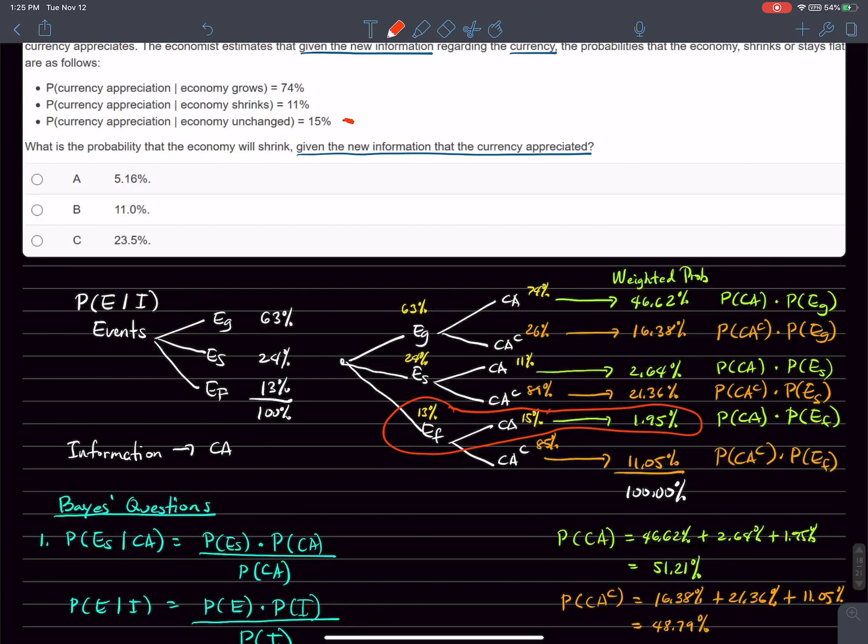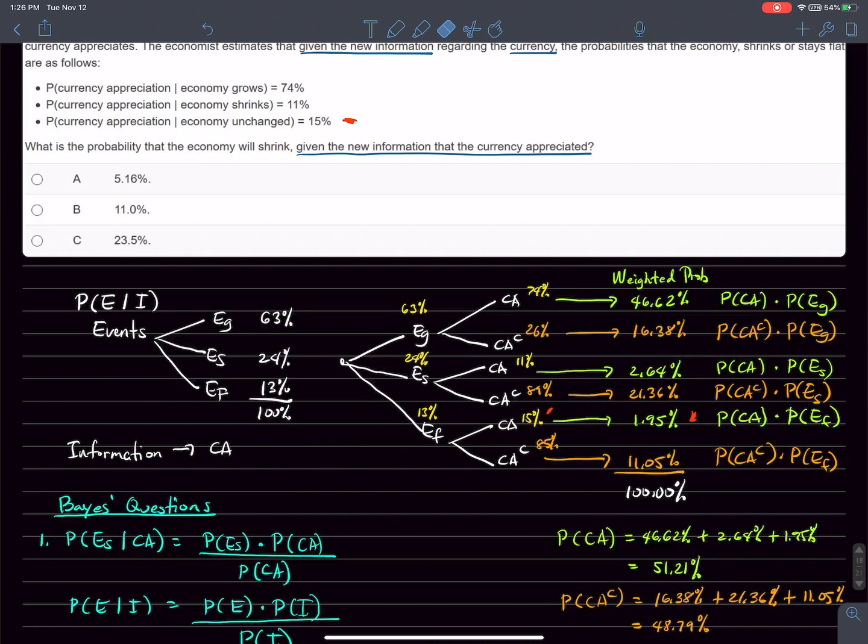This 15% here is the probability of currency appreciating given economy stays flat. I'm writing again and again, so you build muscle memory here. Multiplied by the probability of the event, which is the economy stays flat. So it will be 15% times 13% equals 1.95%. So we completed.